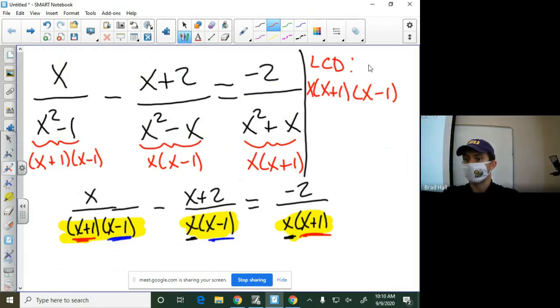That's why factoring those denominators is helpful, because it allows us to see the components. That way we can build the least common denominator from each one of the factors.